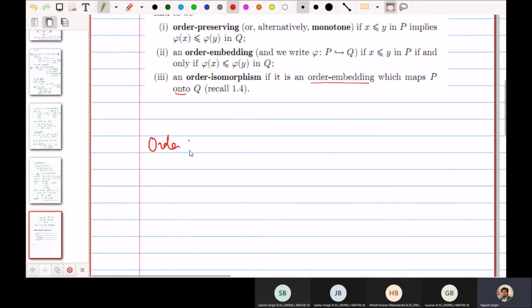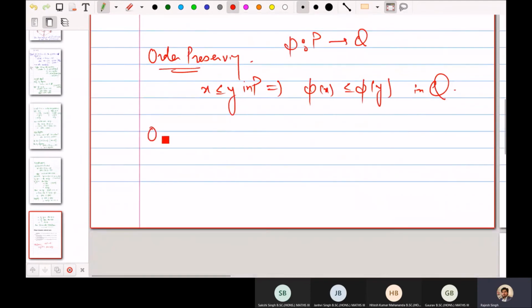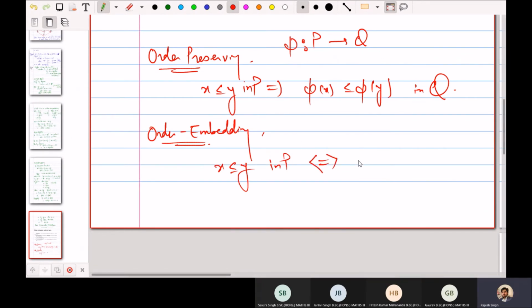So order preserving is ours: x related to y implies phi x is related to phi y, phi from P to Q. Then order embedding: x related to y in P if and only if phi x is related to phi y in Q, so both ways, whereas this one is one way.